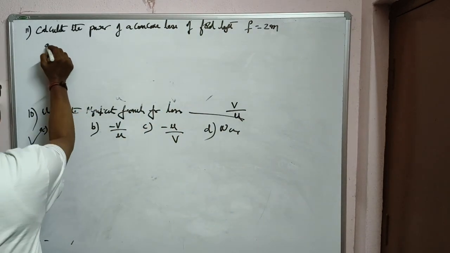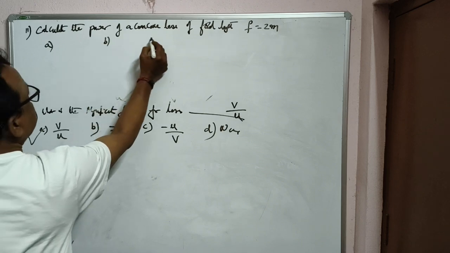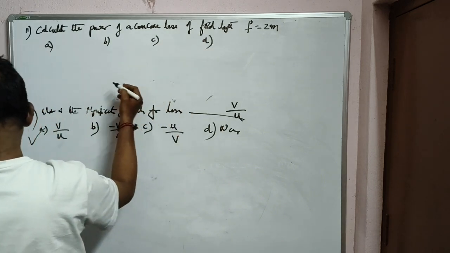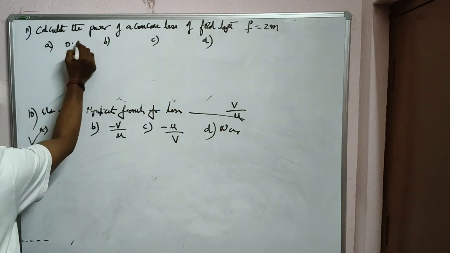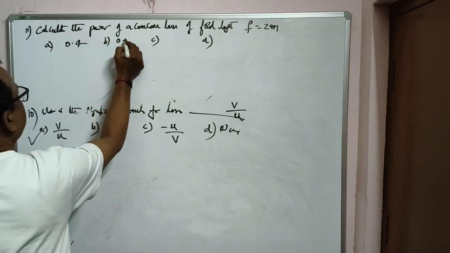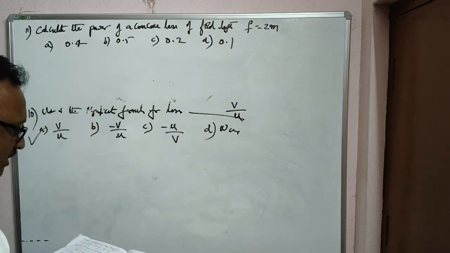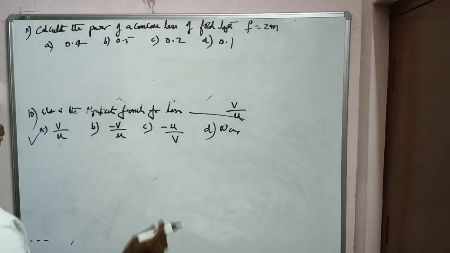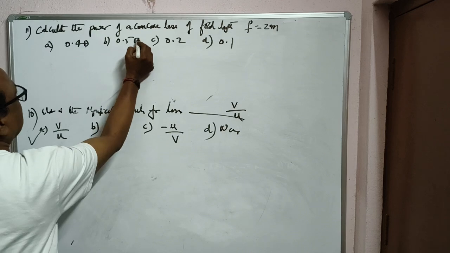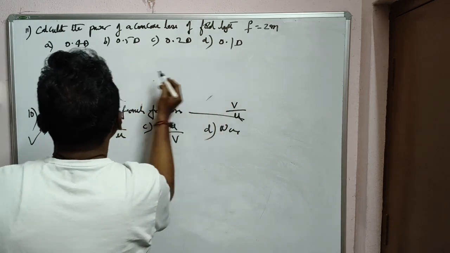Okay, A, B, C, D is given as answers 0.4, 0.5, 0.2, 0.1. All are in diopters, please.